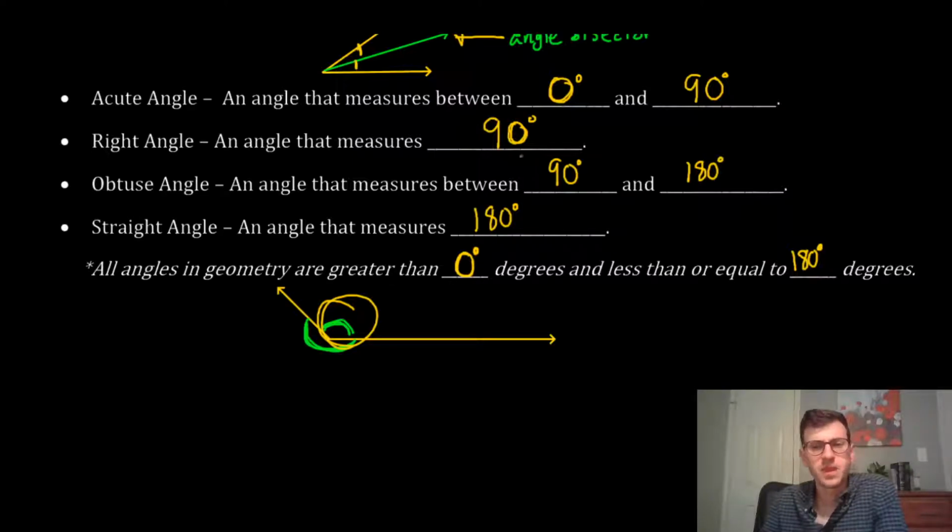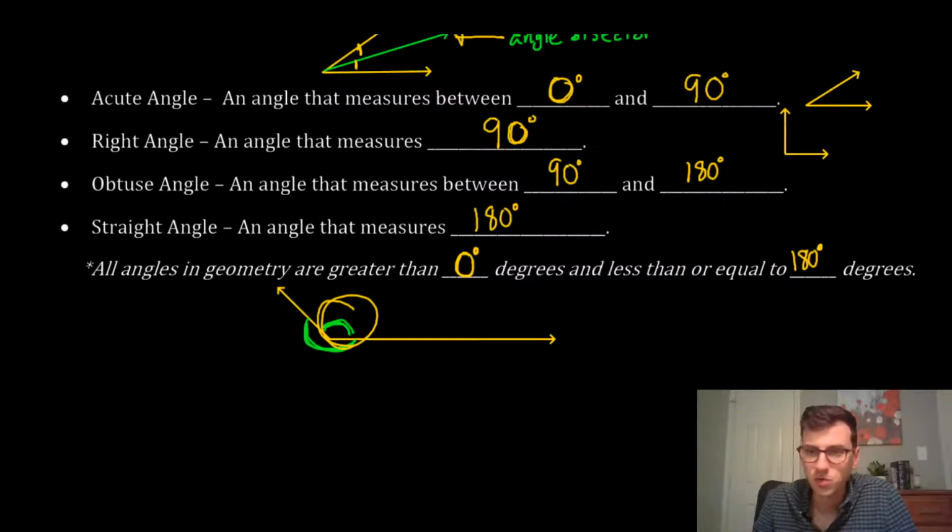Okay. Yeah, I guess before I go, maybe I should draw some examples of these. Why not? I got ahead of myself a little bit, maybe. An acute angle would look like this, right? Nice and cute. A right angle would look something like this, right?